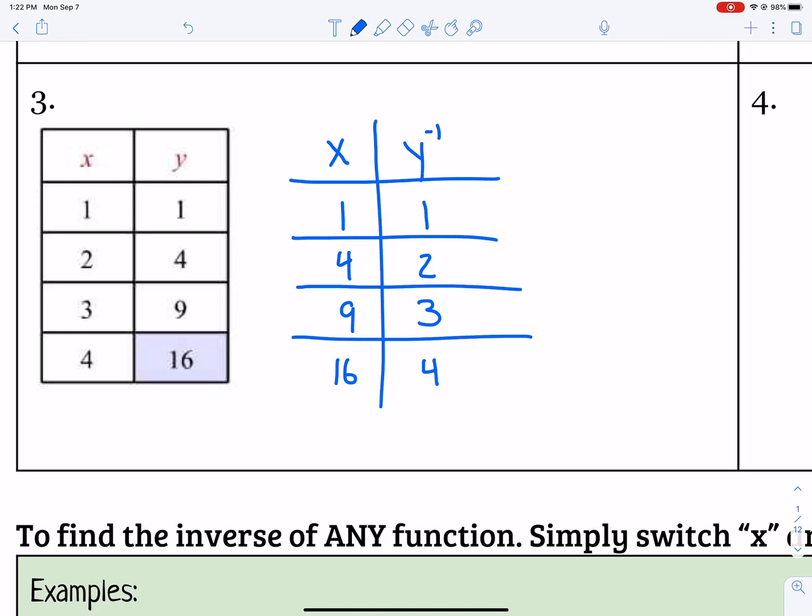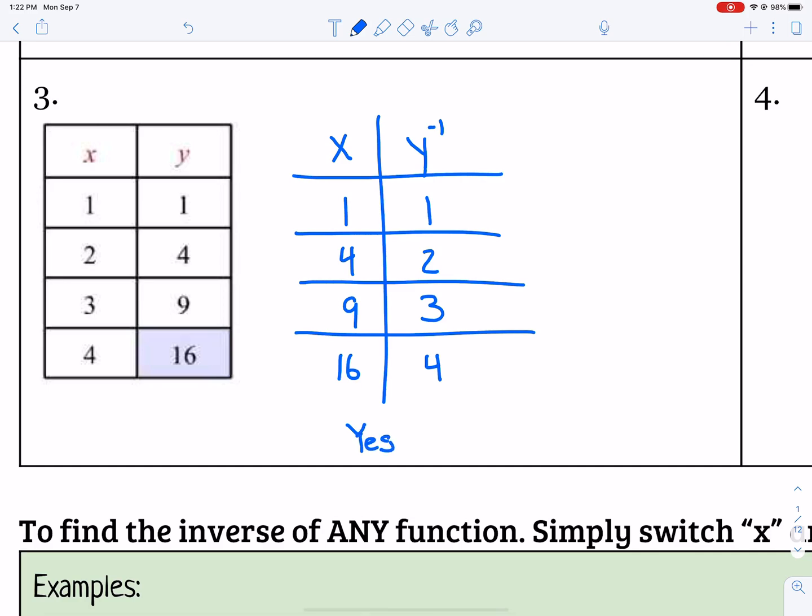For each x, notice you have a different y value. They don't repeat. So we would say, yes, this is a function. For my domain, I would list out the x values. So 1, 4, 9, and 16. And for the range, I would list the y values. So 1, 2, 3, and 4.